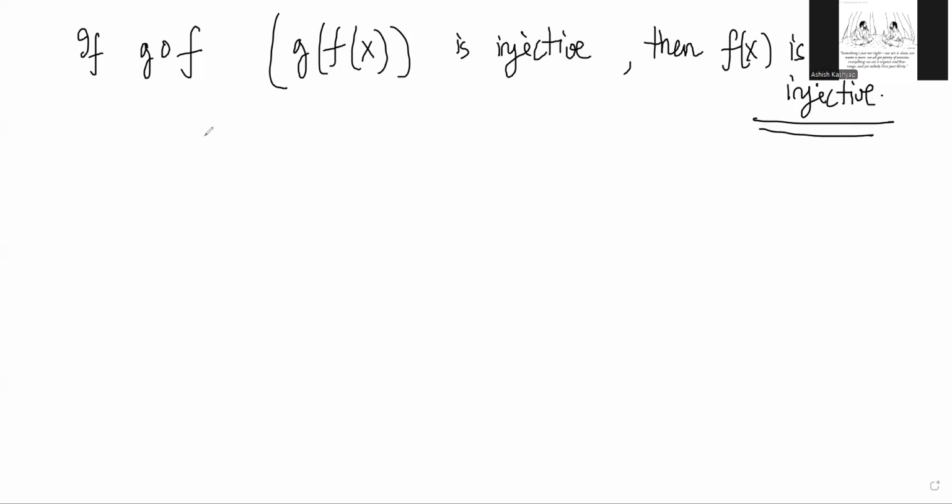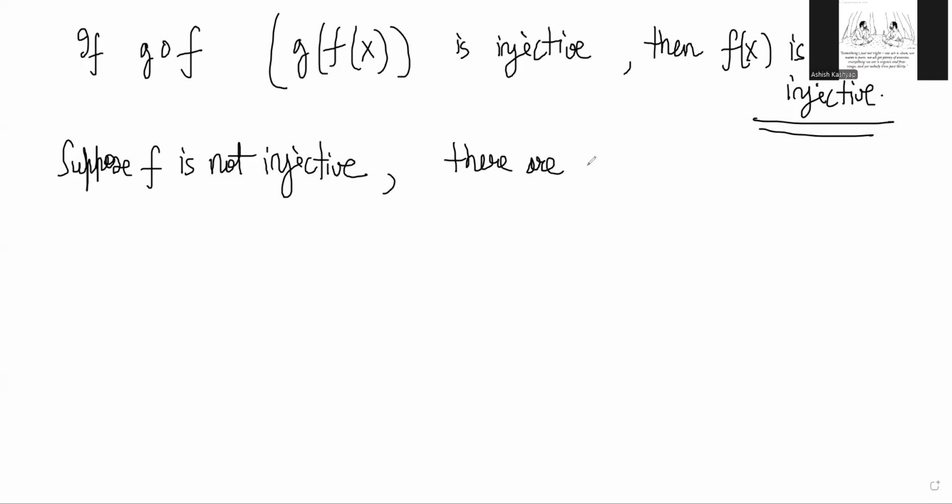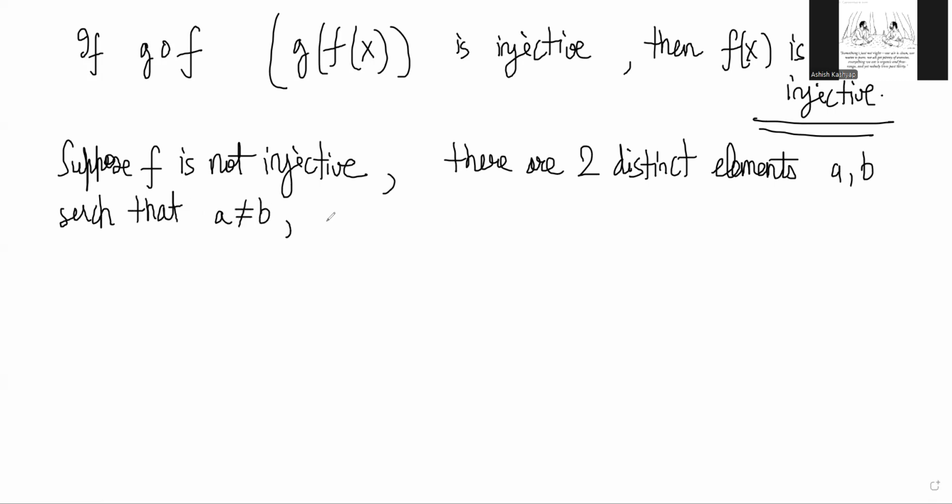Let's try to understand why this is true. So we will suppose f is not injective. That means there are two distinct elements a and b in the domain of f, such that a is not equal to b and f of a is equal to f of b.